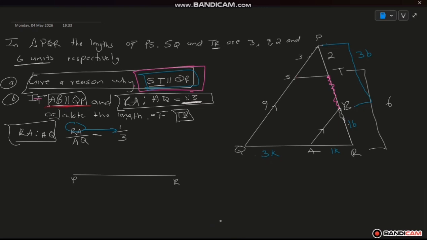Now this is what we have. Let's say we have PR, here we have B, and here we have T. Is that side PR that we are having on the triangle? So I'm just showing you here so you can easily see it. We do have the value of TR as 6, and it is 6 units. This is the actual length, not just the ratios. We have 1B here as BR, and we must solve for that TB.